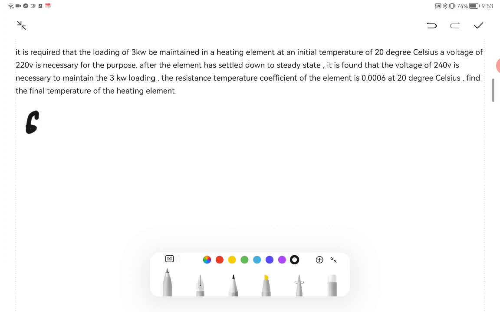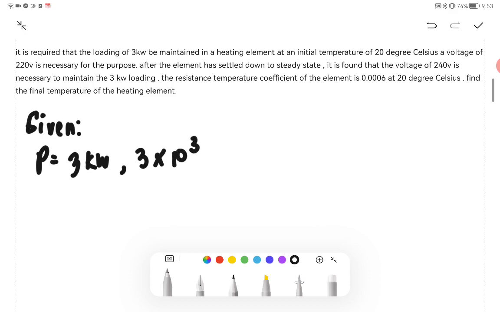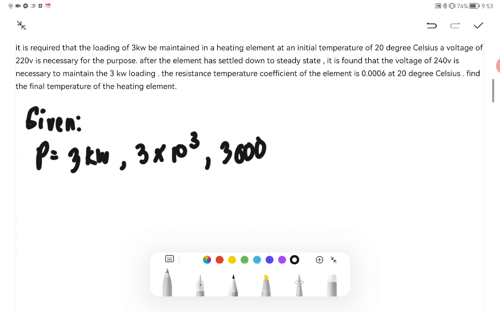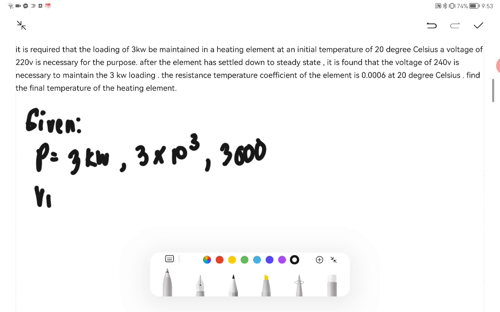So first we have to write in our given. So we have the power, which is 3 kilowatt, or simply 3 times 10 raised to 3, or simply 3,000. Also we have the voltage number 1, which is 220 volts, and our voltage number 2, which is 240 volts.